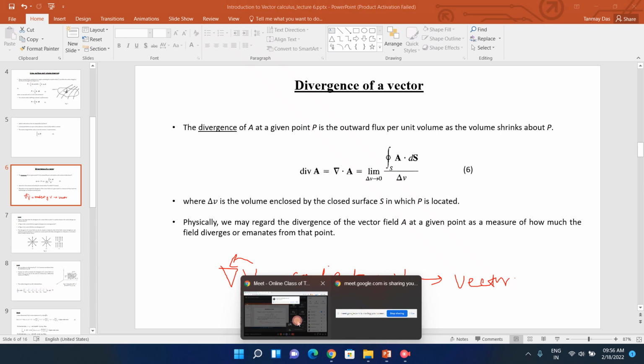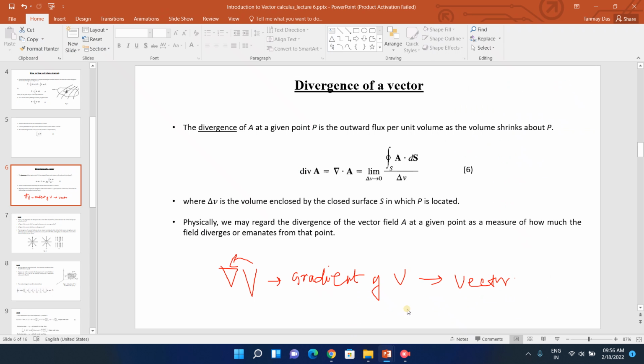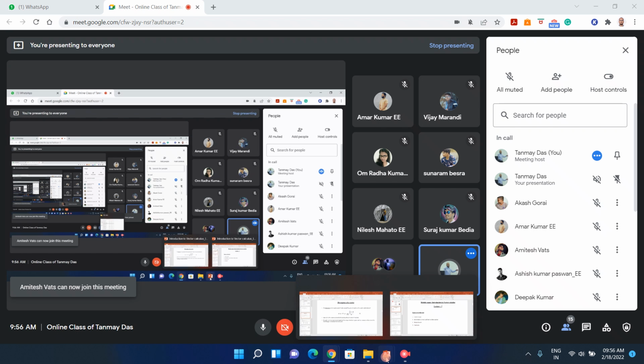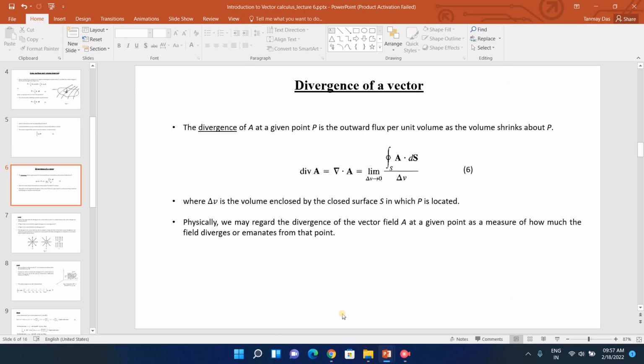Okay. Now this is known to us. Now we will be studying the del operation on vectors. The del operator is a derivative operator which is applied in a 3-dimensional coordinate system.